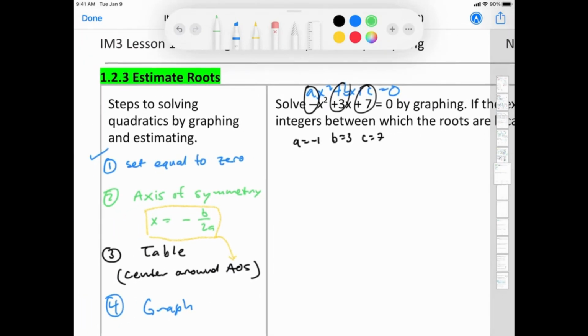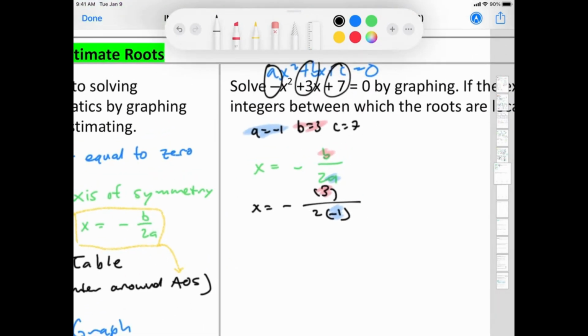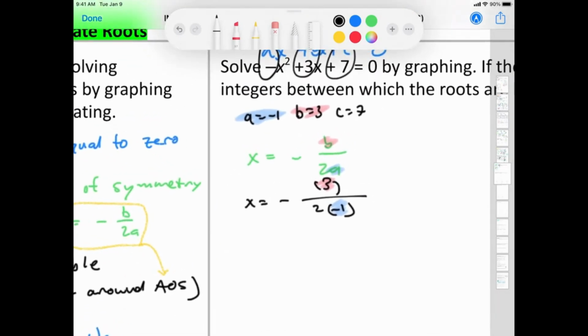Okay, axis of symmetry. Let's use that formula there. What is our a value? It is negative 1. And what is our b value? It is 3. x equals negative 3 over 2 times negative 1.